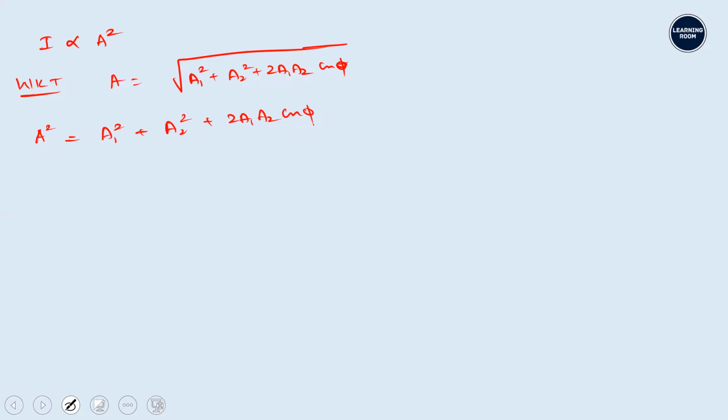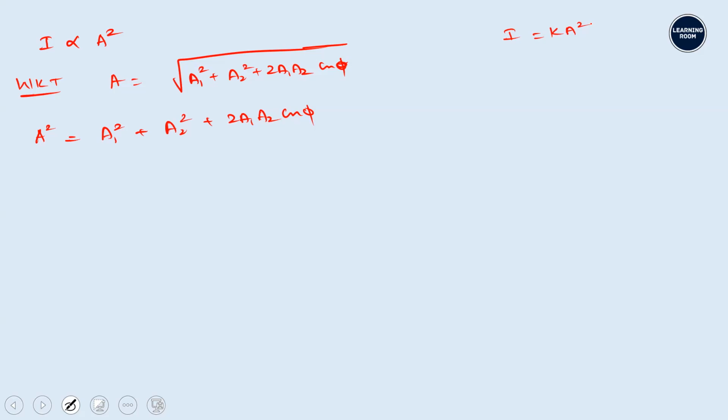Another question is, can I replace A square with intensity? Basically, I is directly proportional to A square, so I can write I is equal to some constant times A square. If I write the constant on both sides, the constant is going to get cancelled.